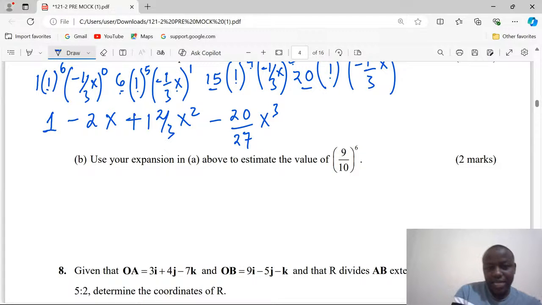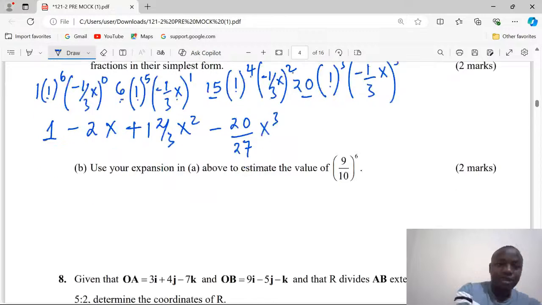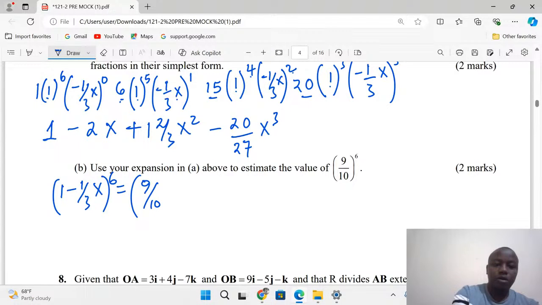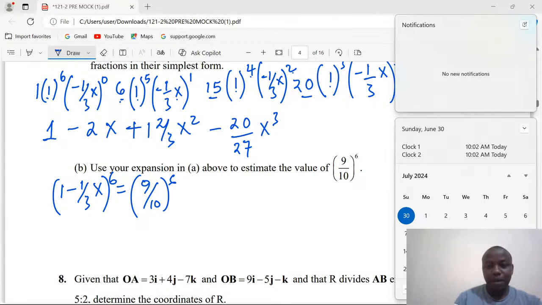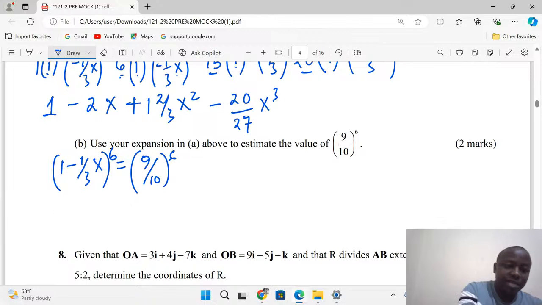Therefore, we should take the original expression, 1 minus a third x, because it has been expressed to power 6, let me just write power 6. This is equal to 9 out of 10, also power 6. Now that the powers are the same, we can equate the bases and say 1 minus a third x equals 9 out of 10.